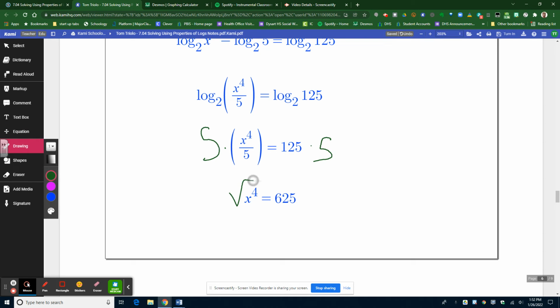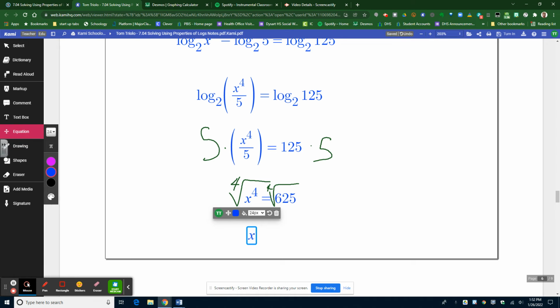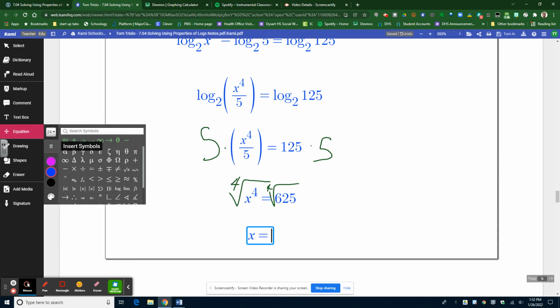When I take the 4th root of both sides, most of you have figured out 2 of the answers. I'll see if anybody can figure out the last 2. So x was equal to plus or minus 5. Where are my other 2? What was the new number you learned last semester?